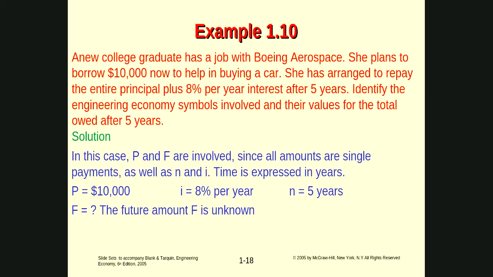She has arranged to repay the entire principal plus 8% per year interest after 5 years. Identify the engineering economy symbols involved and their values for the total owed after 5 years.